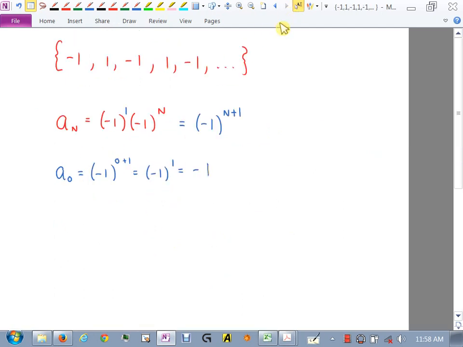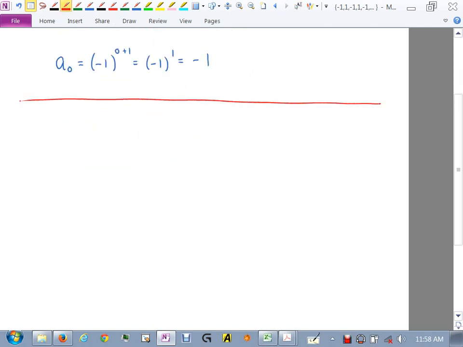But if I want it to start with negative, I need to actually shift it just once so that when I plug in 0, I don't actually get 0, I get what? 1. And then when I plug in 1, what will happen? I'll actually get a what up here? An even, a 2, right? And then when I plug in 2, I'll get a 3, and then when I plug in 3, I'll get a 4. All right. I think you just have to be continually exposed to this until it starts to sink in.